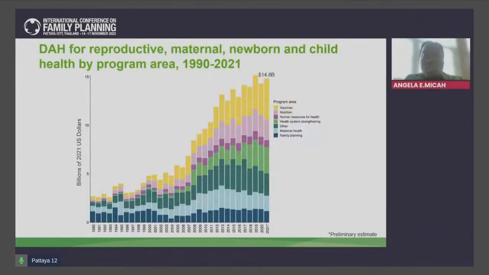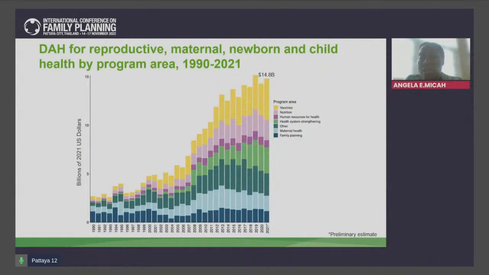The next slide looks more specifically at reproductive, maternal, newborn, and child health funding, looking at how much has been spent over the period from 1990 to 2021. It's inclusive of funding targeted towards family planning.